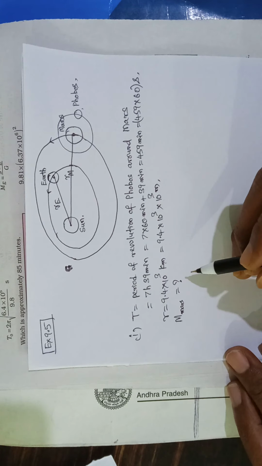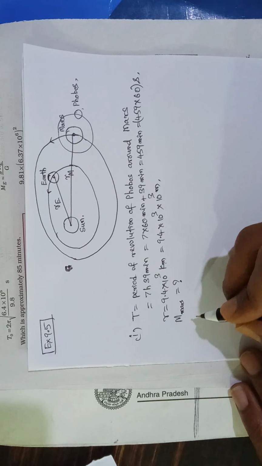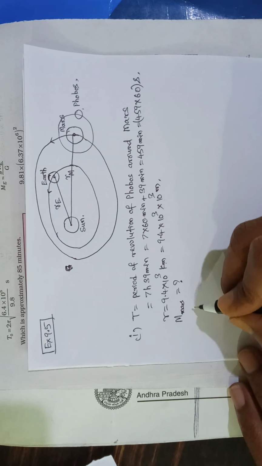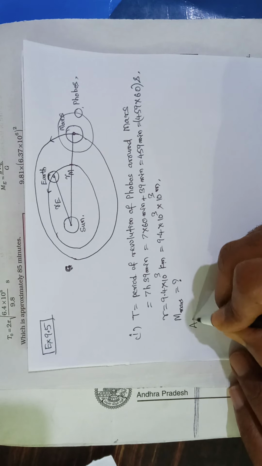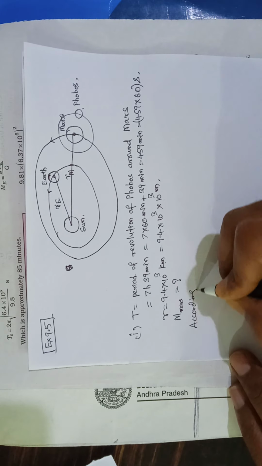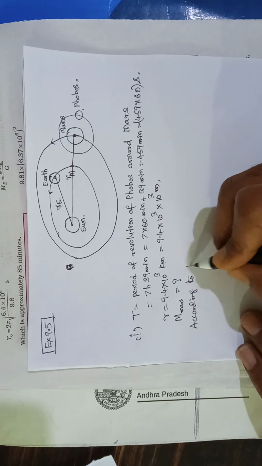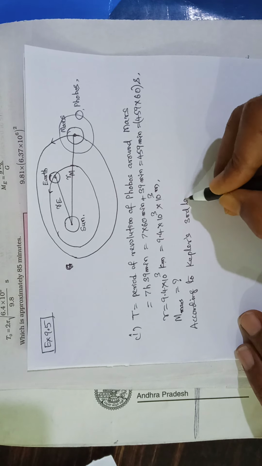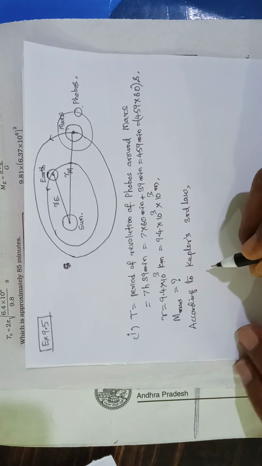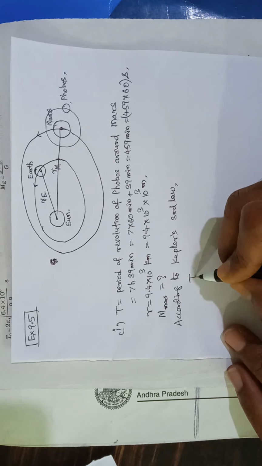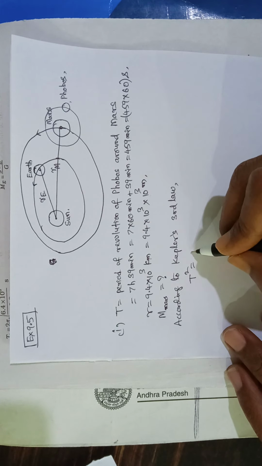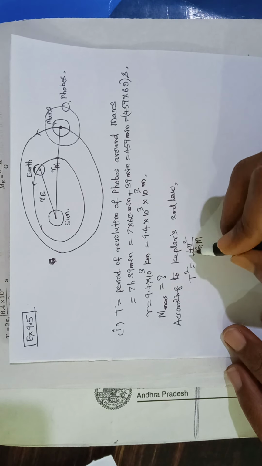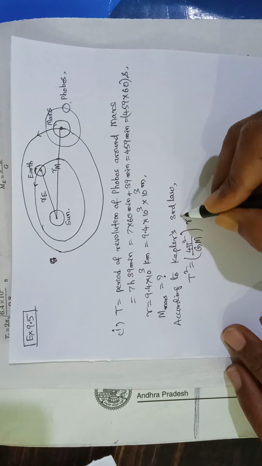Since here we have the time period, let us make use of Kepler's third law. According to Kepler's third law, T square is equal to 4 pi square by GM into R cube.